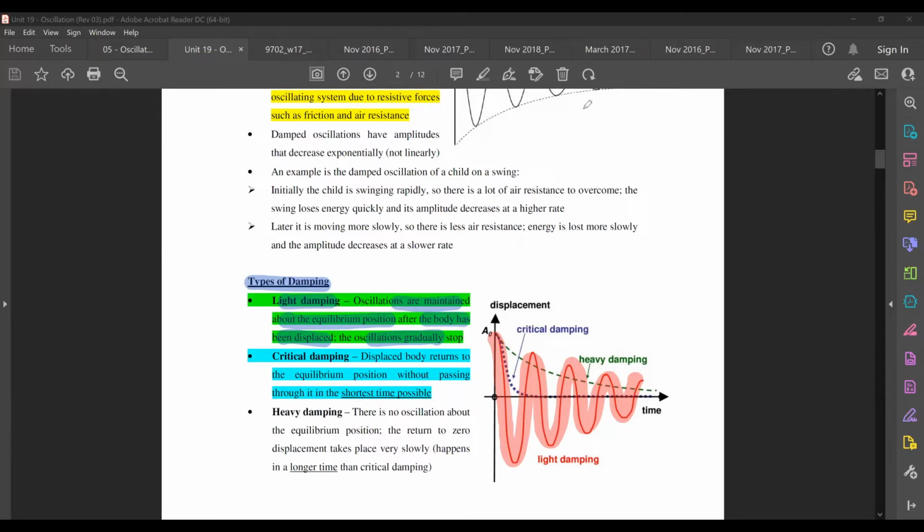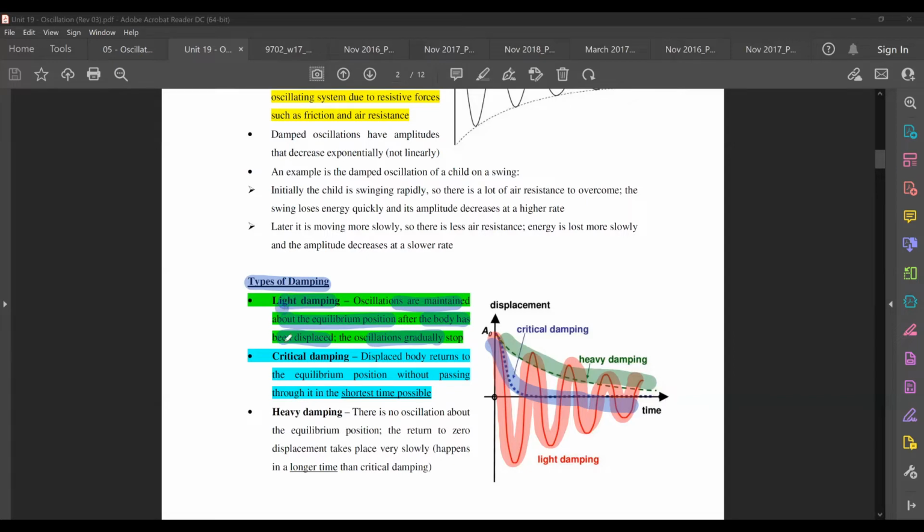Then after that, you have something called critical damping and heavy damping. Heavy damping is this green line here. Critical damping is this blue colored line here. Now notice that there's a similarity between critical and heavy damping. They don't keep on oscillating. They just straight away go back to the equilibrium position.